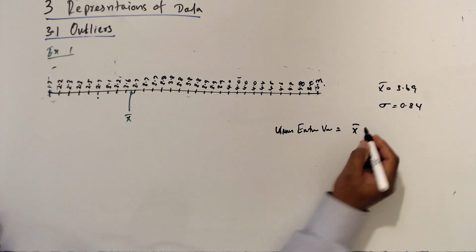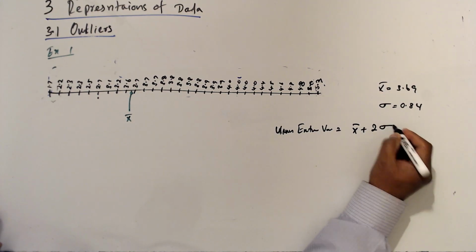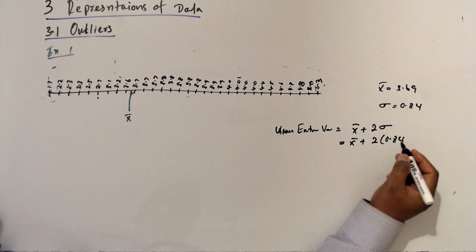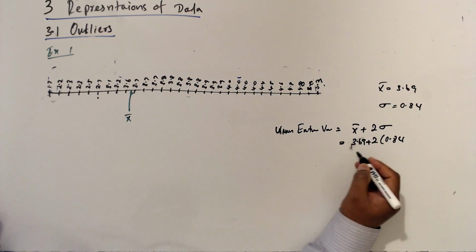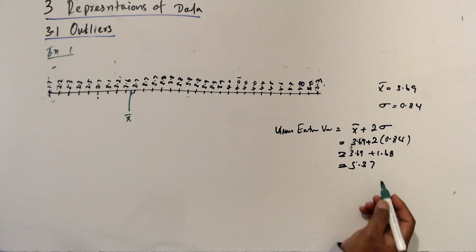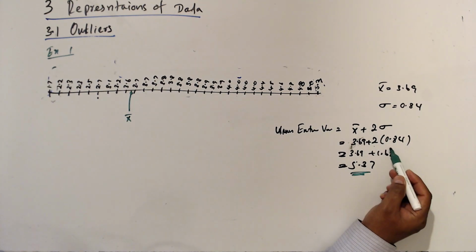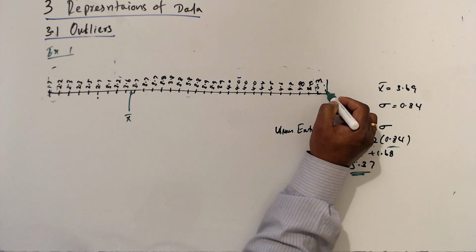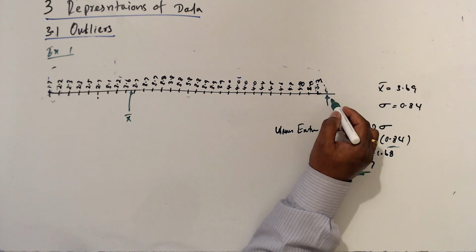So I want x bar plus 2 times sigma, which is 0.84. So x bar is 3.69 plus 2 times 0.84. The value is going to be 5.37.